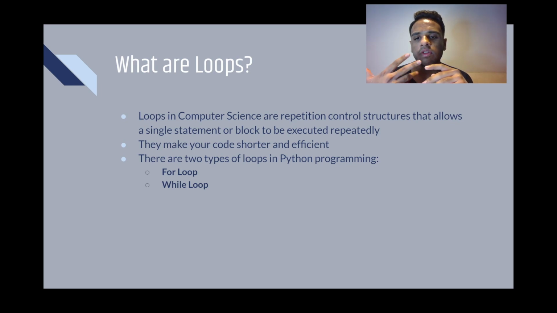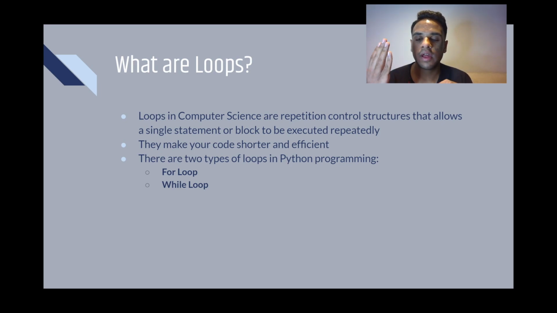But let's say I want to do that repeatedly. Let's say I want to print hello world 50 times. Instead of writing print hello world 50 times, which would probably take forever, there's something in programming we call a loop, and loops are basically repeated structures.